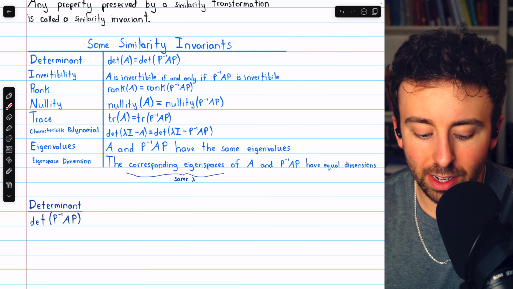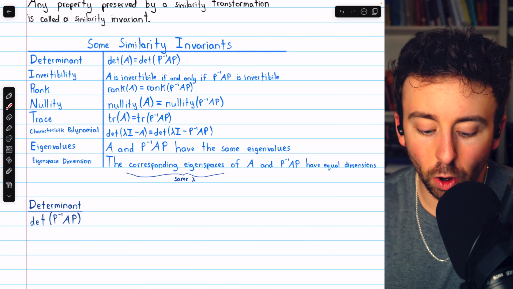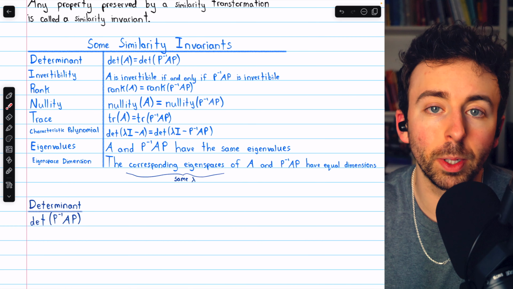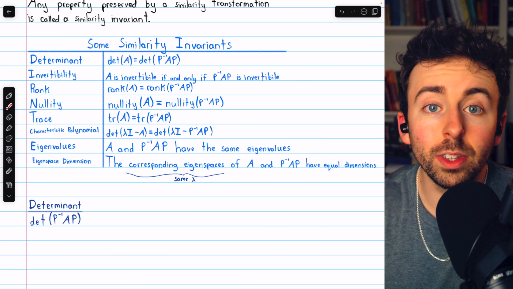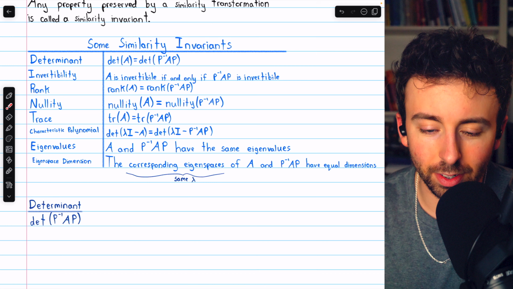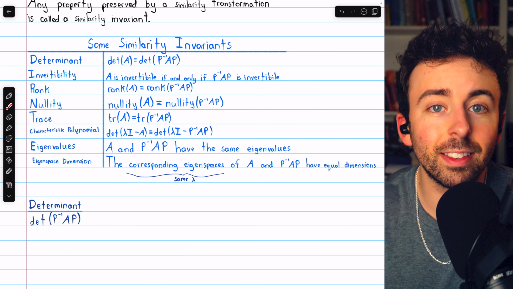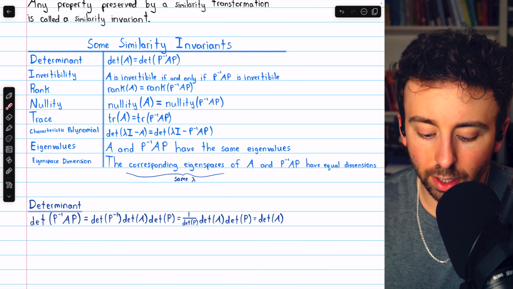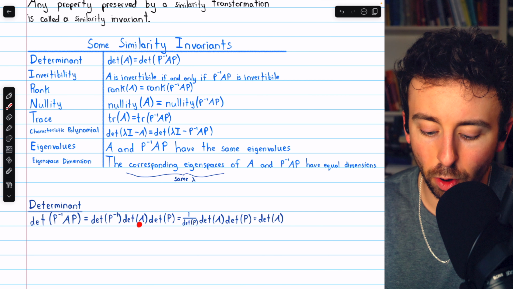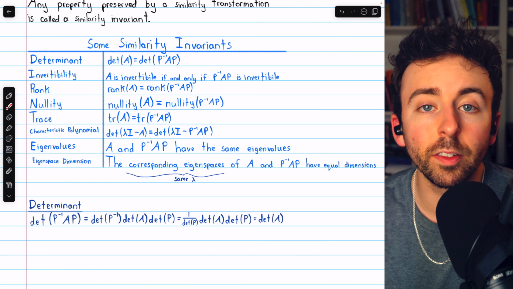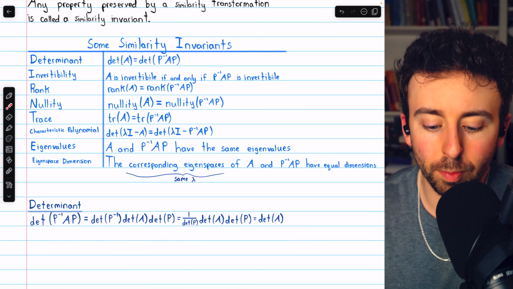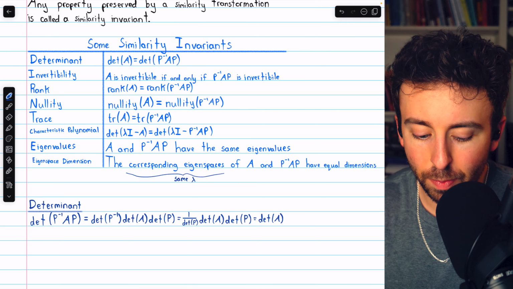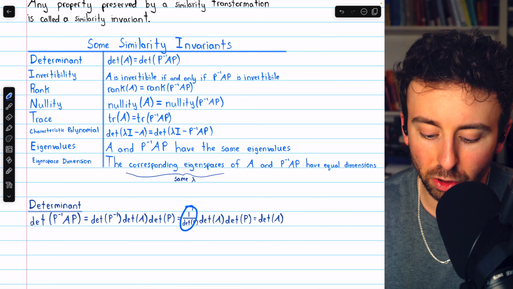Let's begin with the determinant. So consider the determinant of P inverse AP. This is a matrix that's similar to A. Now, the determinant of a product of matrices, as we've previously proven, is the product of the determinants. So this determinant equals the determinant of P inverse times the determinant of A times the determinant of P. But we've also previously proven that the determinant of an inverse matrix is just the reciprocal of the determinant of the original matrix.